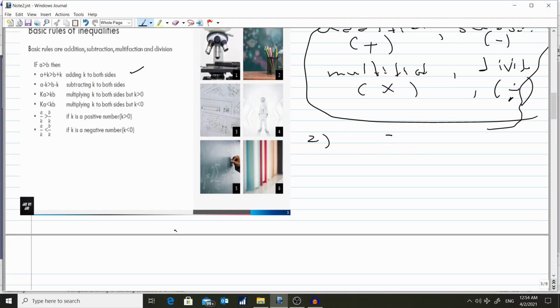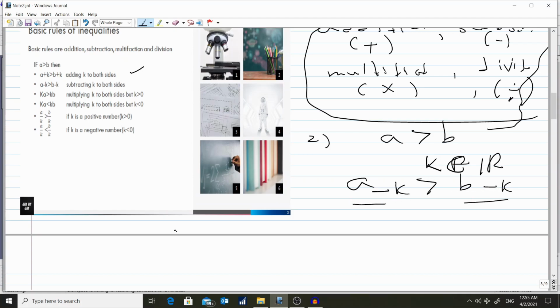If we have a particular expression like this, and there's some constant value k, which is a real number, and we subtract this k value from both sides, the direction of this inequality expression will not change. So this is the second rule.